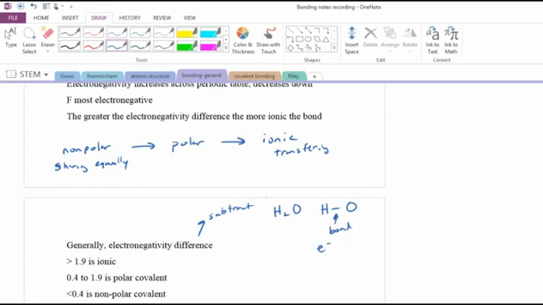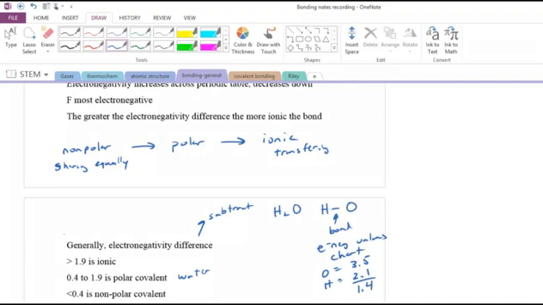So the values, we find them on a chart. Oxygen is 3.5, hydrogen is 2.1, so we have a difference of 1.4. So water would fall in that polar covalent range.